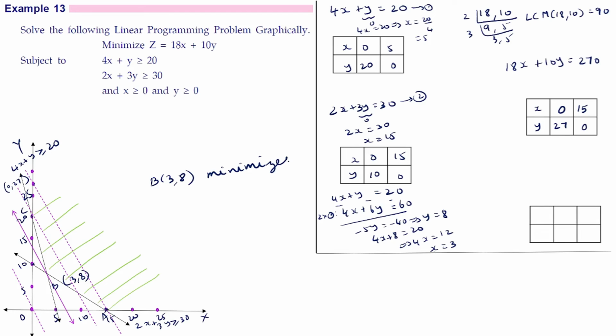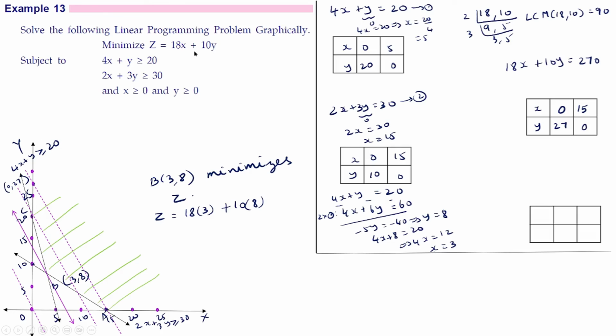Now if we want to be sure about this, here we can see that the feasible region is unbounded. If the feasible region is unbounded, we have to find the value of z at this corner point B. So the value of z at this corner point B is z is equal to 18 into 3 plus 10 into 8.